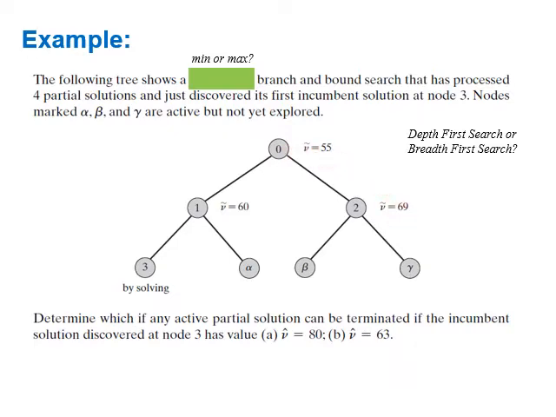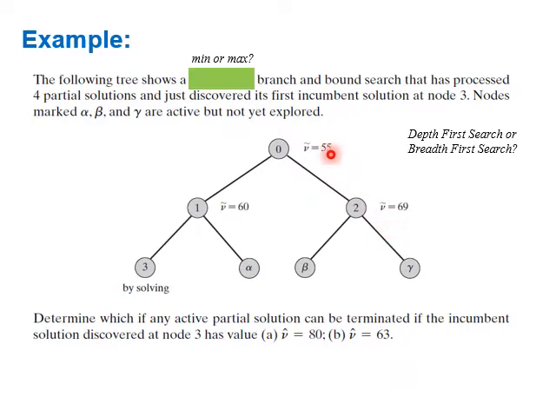So this v tilde here represents the objective function value. This node 0 is the parent of nodes 1 and 2, and its value is 55. One child has 60 and the other child has 69. So 55 should be a better solution than these.